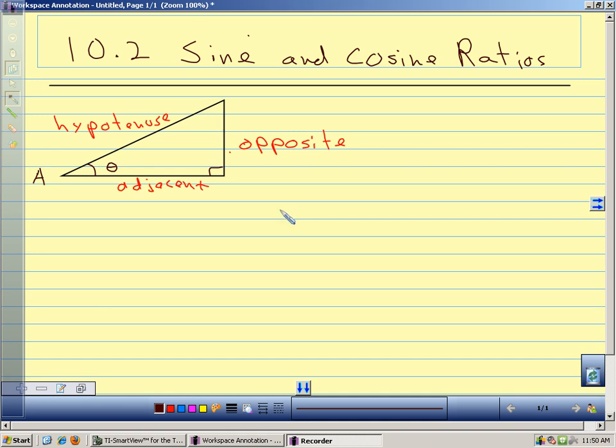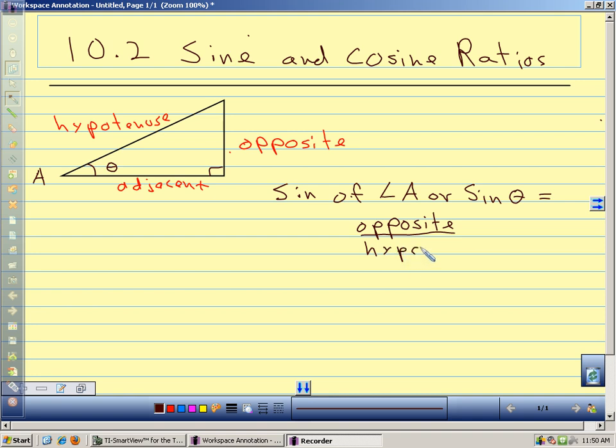So we're going to say that the sine of angle A, or we write the sine of theta, equals the opposite over the hypotenuse. So we take the opposite side divided by the hypotenuse and we get the sine of our angle.